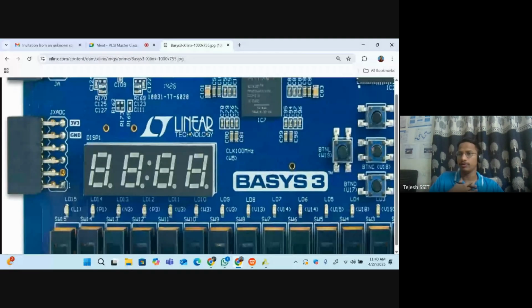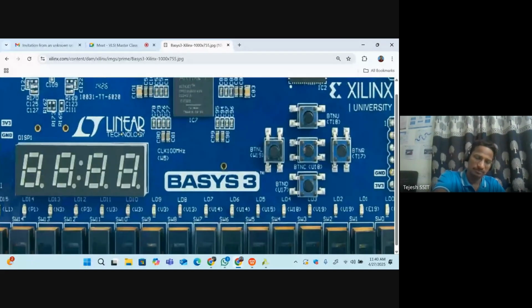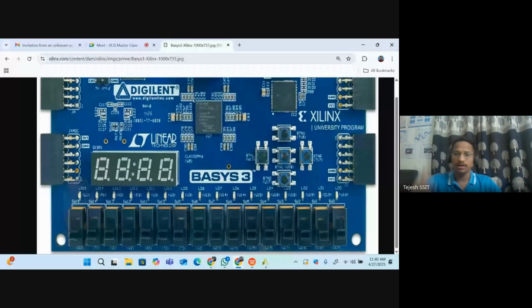Sir, why can we represent with numericals? Why can we not use the LEDs? Here the LEDs are there for output representation. Why do we connect the 7 segment? Some members have this doubt.